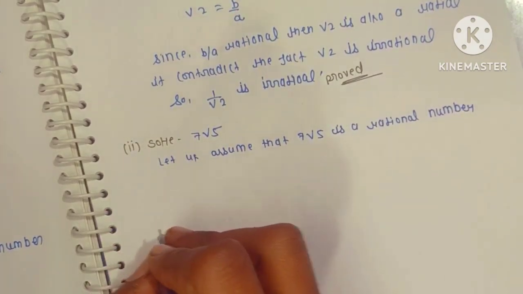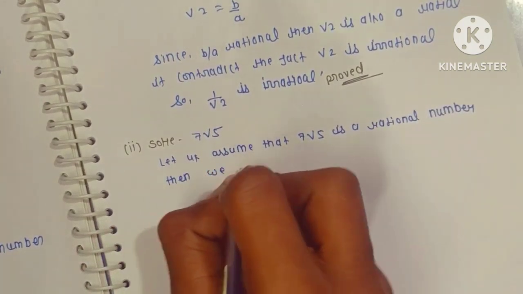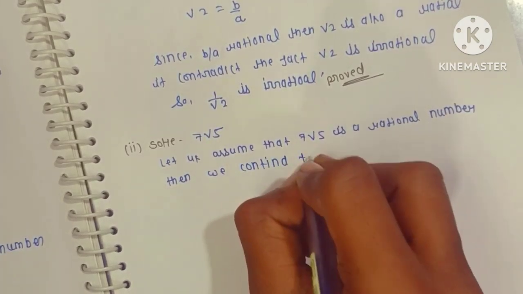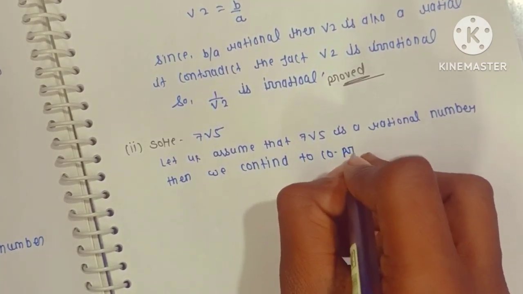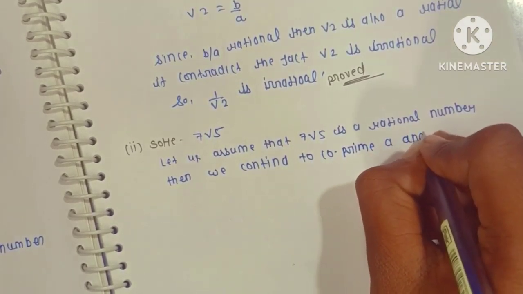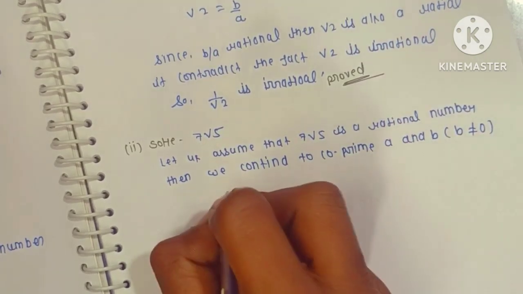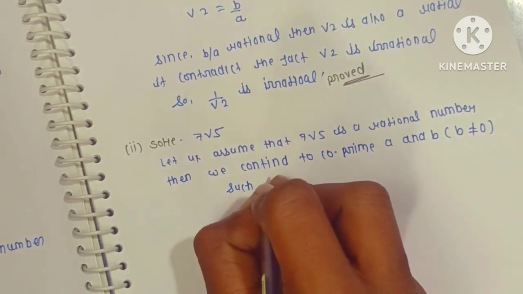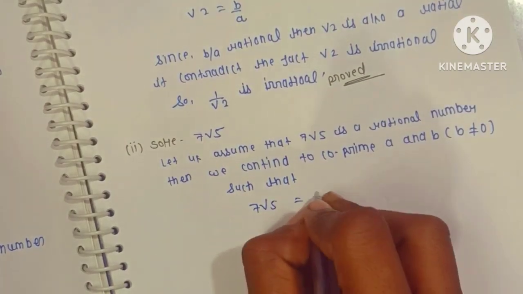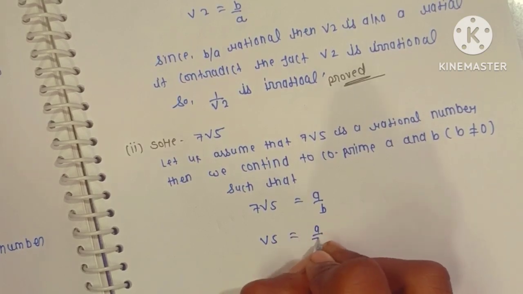Then we find two co-prime a and b, where b is not equal to 0, such that 7 root 5 is equal to a upon b, so root 5 is equal to a upon 7b.